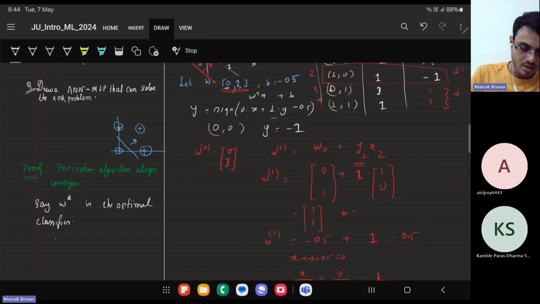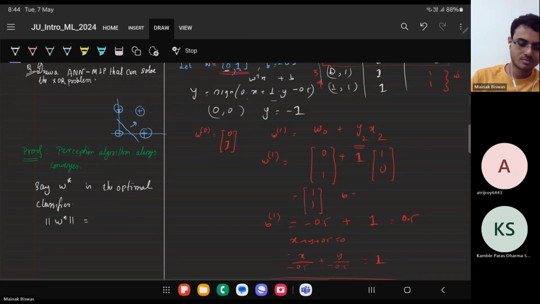So what do I know? What is the norm of W star? It must be a unit vector. We discussed it. If it is not, we can just scale it back. Correct? It will not unsatisfy any of this constraint. Yes. This is one of the properties.